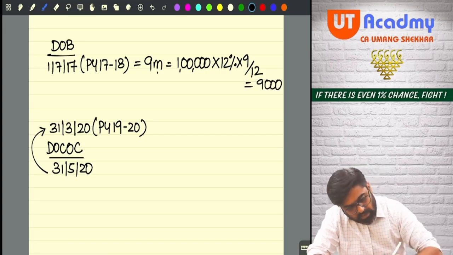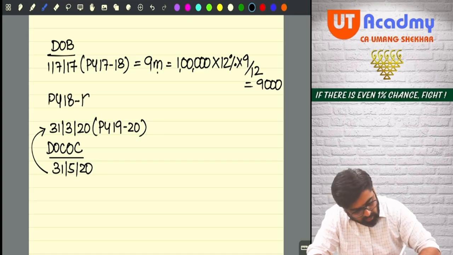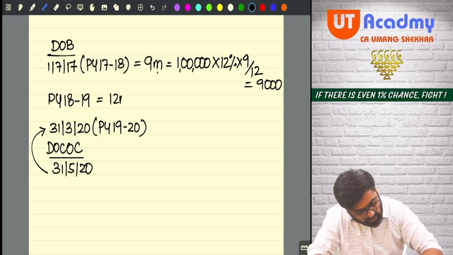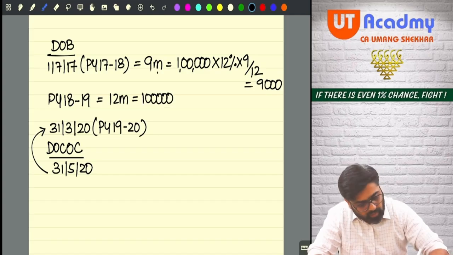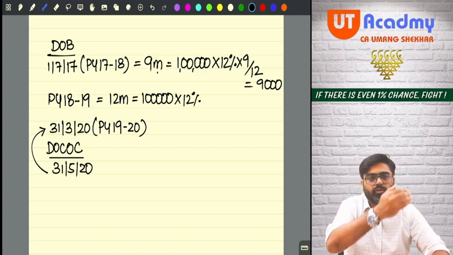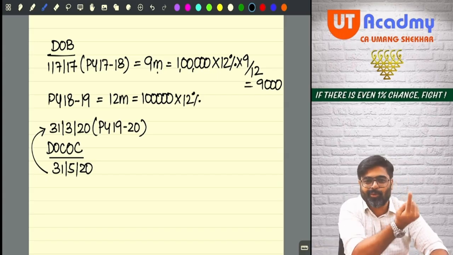Yes or no? And in the previous year 18-19 also I would have paid the interest. In 18-19 I have paid for full 12 months, that is 1 lakh into 12%, full year means 12 by 12 means 1.